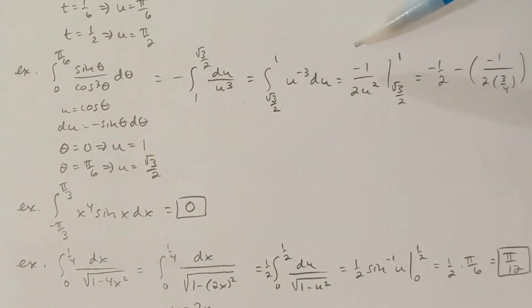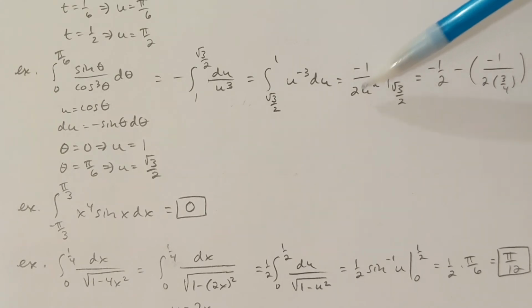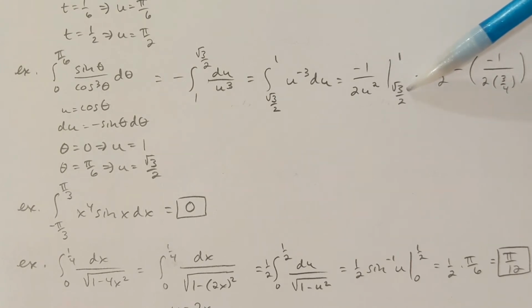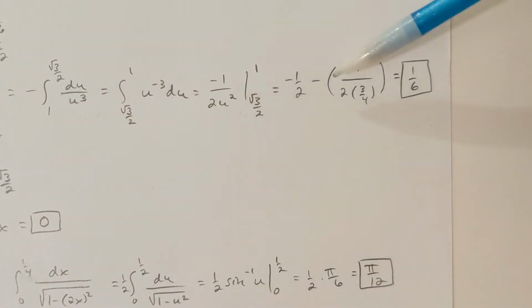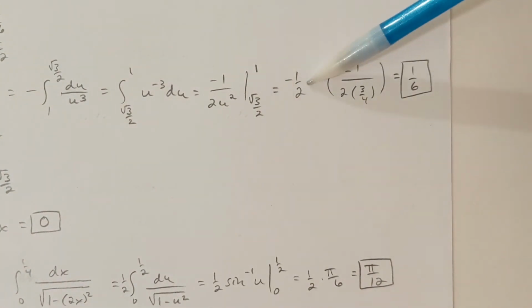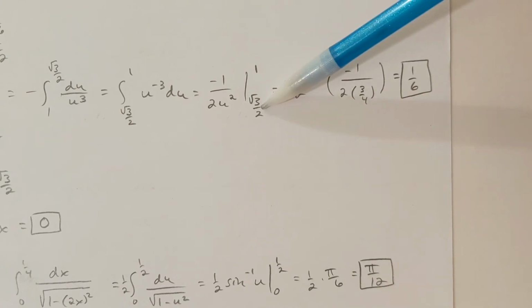I can use the reverse power rule on this. We're going to have u to the negative second divided by negative 2, or that'd be negative 1 over 2u squared, evaluated from root 3 over 2 to 1. Okay, and plug in the bounds. When you plug in 1, you'll have negative 1/2 minus, we plug in the lower bound.